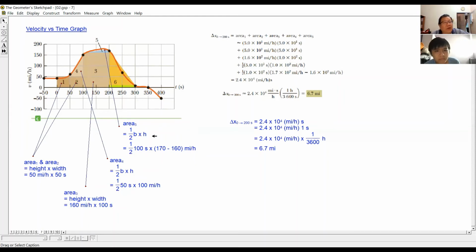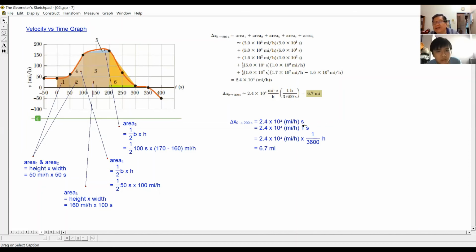So if you want to know the displacement for the whole journey from 0 to 200, you just add up area 1, area 2, area 3, area 4, and area 5. You add them up, you will get the total displacement. It will be 2.4 times 10 to the power of 4 mile per hour second.